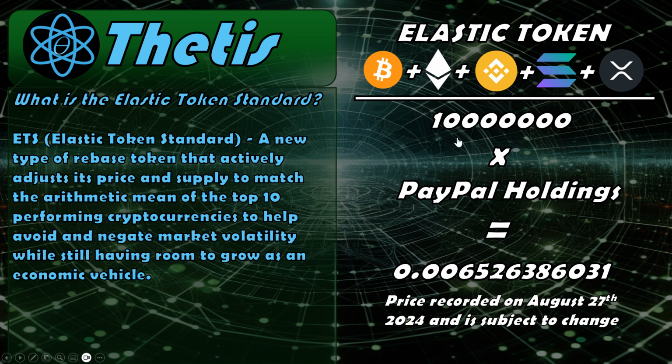So we divide that by a million to get a fractional representation of that. And what that fractional representation does is, instead of starting a token out in the tens of thousands of dollars, you're making it relatively cheap for people to get in at an early phase.